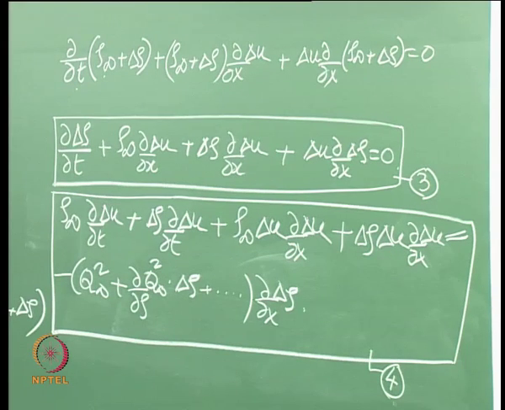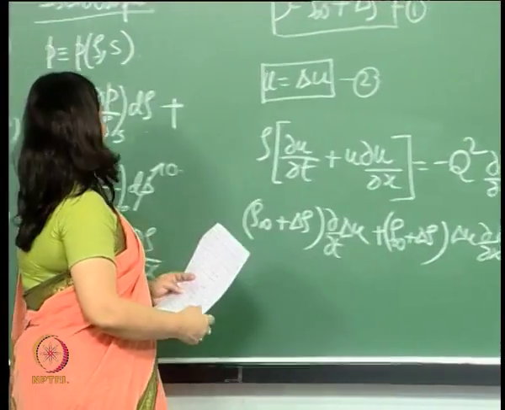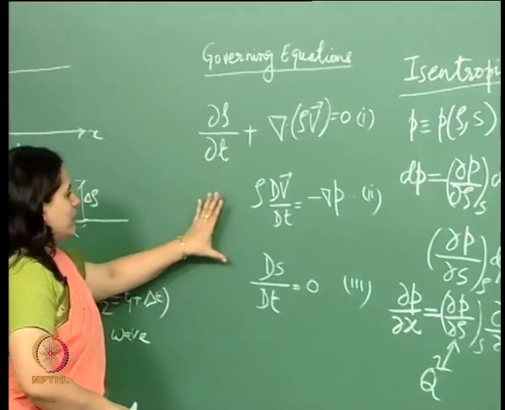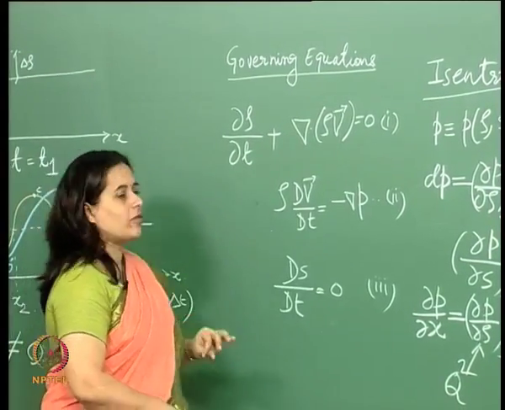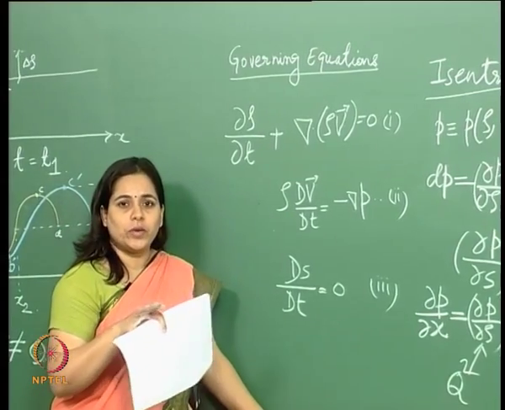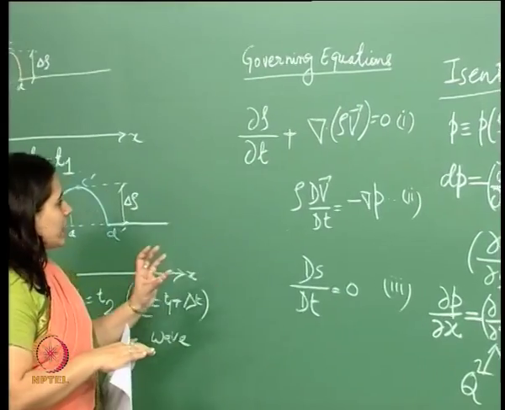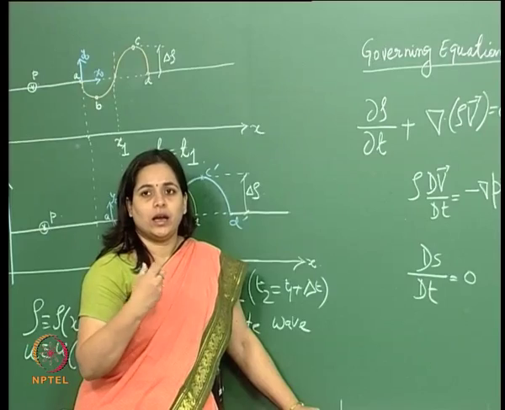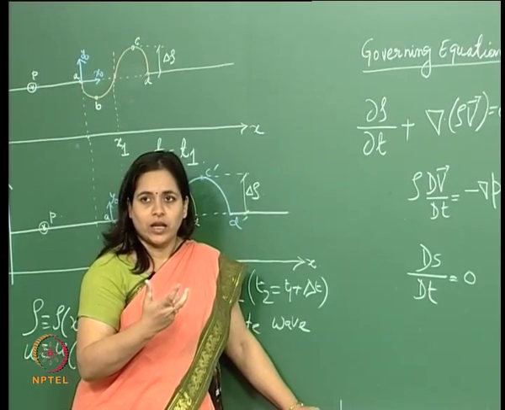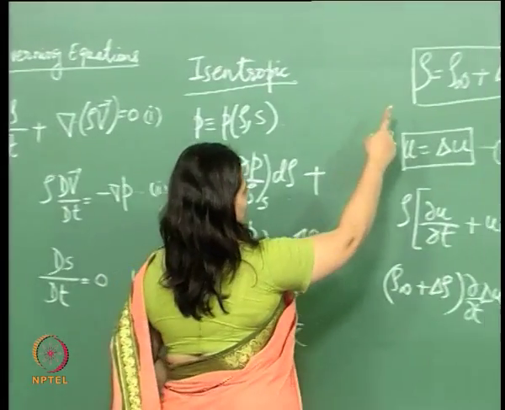Okay. So, to kind of summarize, what we have done here is we took the governing equations and incorporated the existence of a disturbance. How? By saying that the disturbance is basically causing a perturbation to the thermodynamic variables, which we did like this.